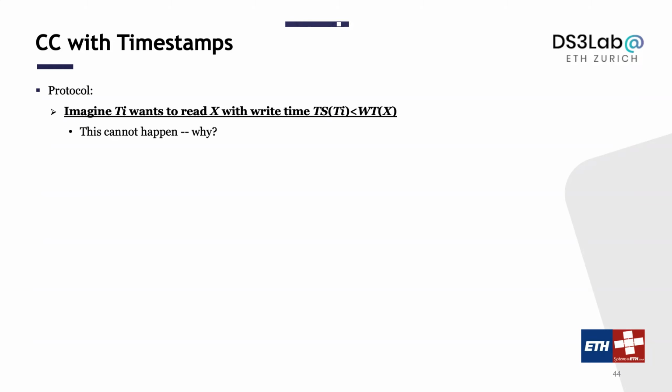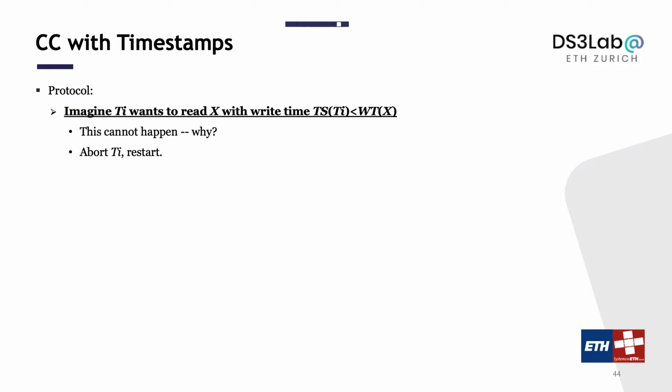Yes, in this case, I'm going to roll it back. Why? Because my X is written by a transaction that happens in the future. If I want to enforce the serial schedule, that TI happens before TJ, where TJ is the one writing to X, there's no way TI is going to have access to the changes made by TJ, right?